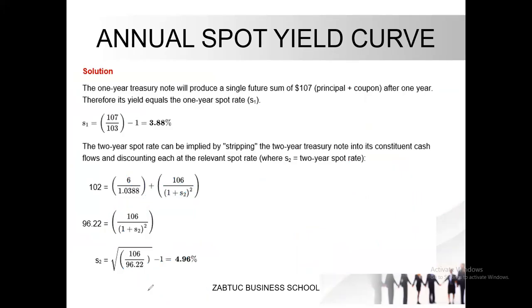So there we are, 4.96 and ours 4.94. What of the last one? We now know year 1 and year 2 discount factors have been established.